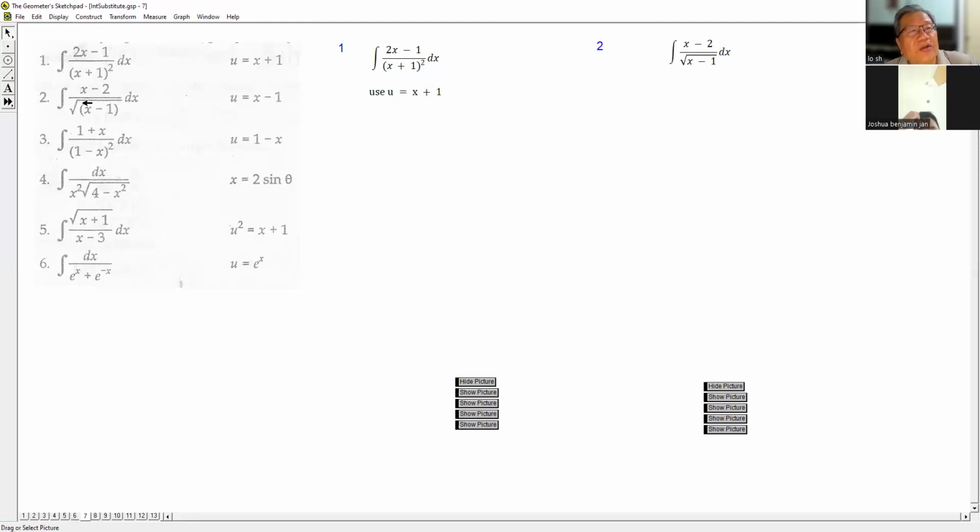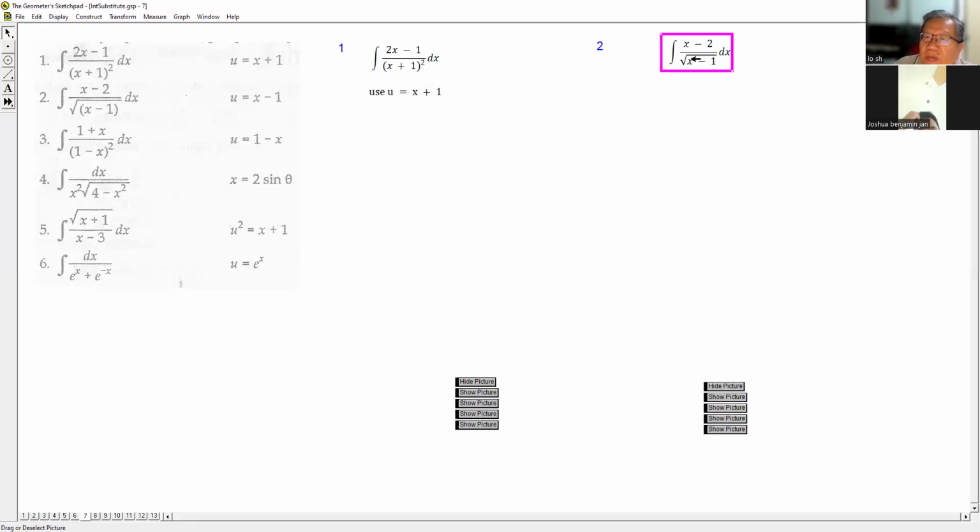So we look at question number 2. Question number 2, integrate x minus 2 square root of x minus 1. So what is the substitution that we are going to use? Normally, we don't go for the top, we go for the bottom.